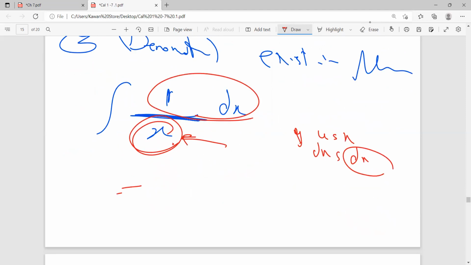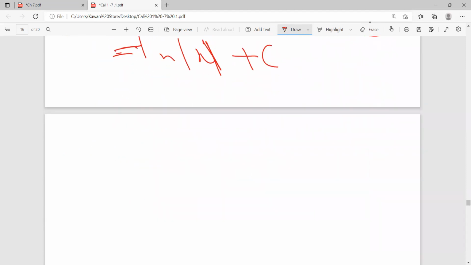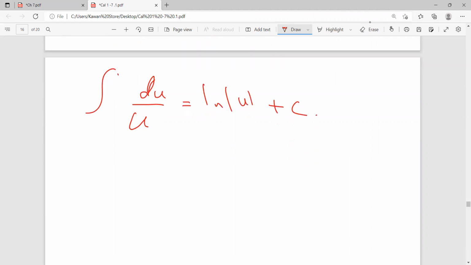That's why I write ln of x squared plus c. Ln of the absolute value of the denominator plus c. The general rule is: if you have 1 over u du, I write ln of u plus c. I will give you an example, just be patient.